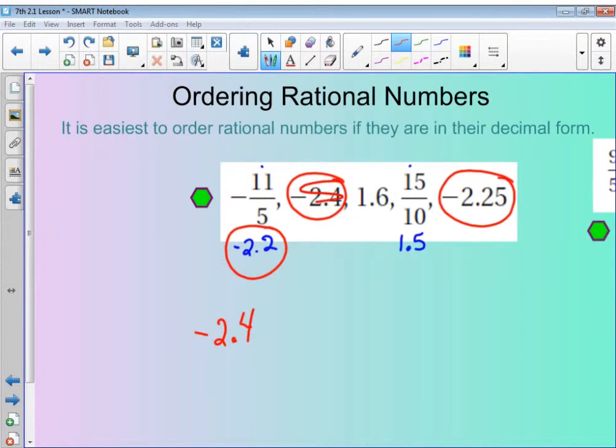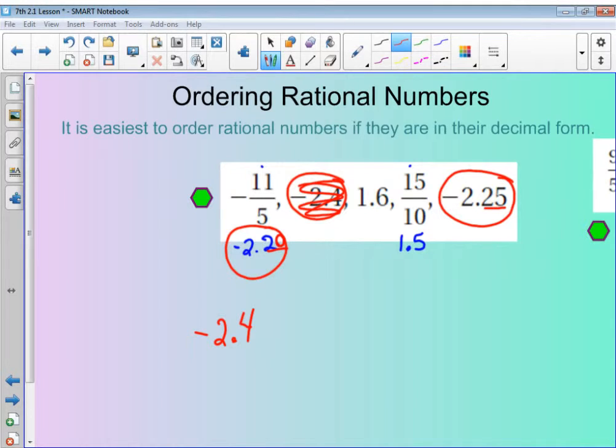Okay, so I'm done with that one. So of my two I have left, I have negative 2.2 and negative 2.25. Now some kids get confused when I've got the first two numbers the same. So here's the thing, if you need to, you can always add a 0 to the end to make it easier to compare. Now I can compare 20 behind the decimal to 25.